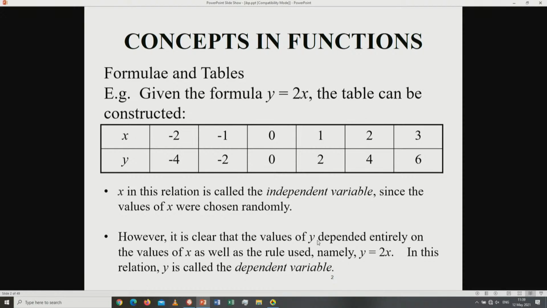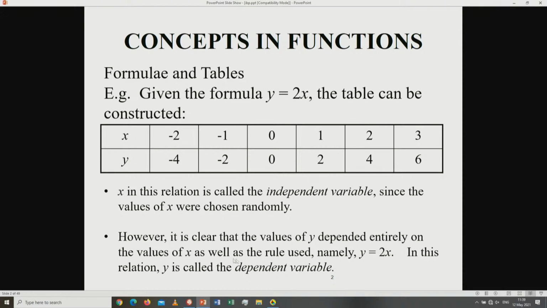However, it is clear that the values of y depend entirely on the values of x. You see, for us to get these values of y, we substituted in the values of x: we substituted in -2 to get -4, we substituted in -1 to get -2, all the way up until you get 3. When you substitute in 3, you get 6.